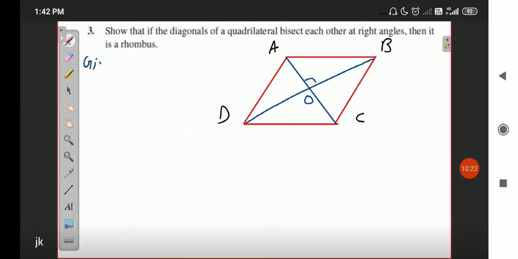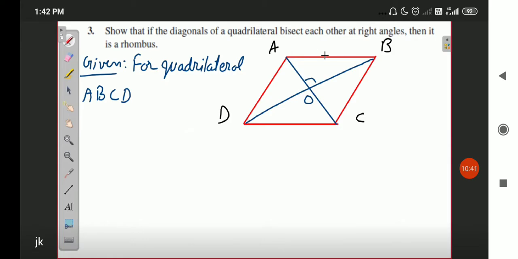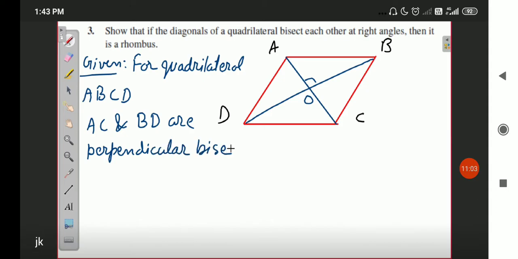So what is given to us is, for quadrilateral ABCD, AC and BD are perpendicular bisectors of each other.